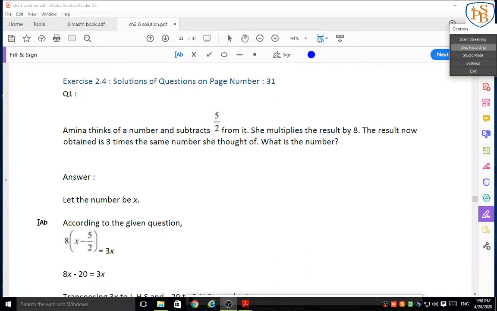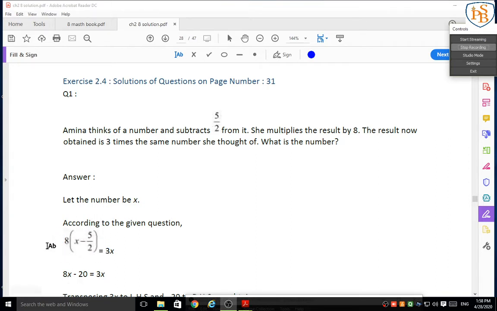According to the given question, Amina thinks of a number and subtracts 5/2. So I have to subtract this 5/2 from x. So I wrote here x minus 5/2. She multiplies the result by 8. So I put this value in brackets, and outside the bracket I wrote 8.